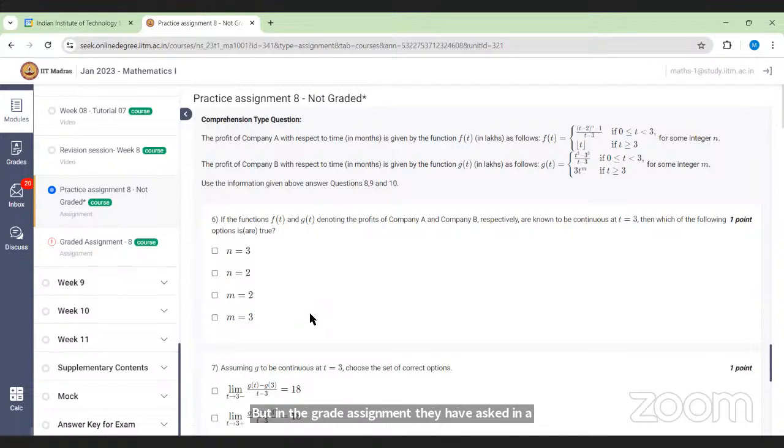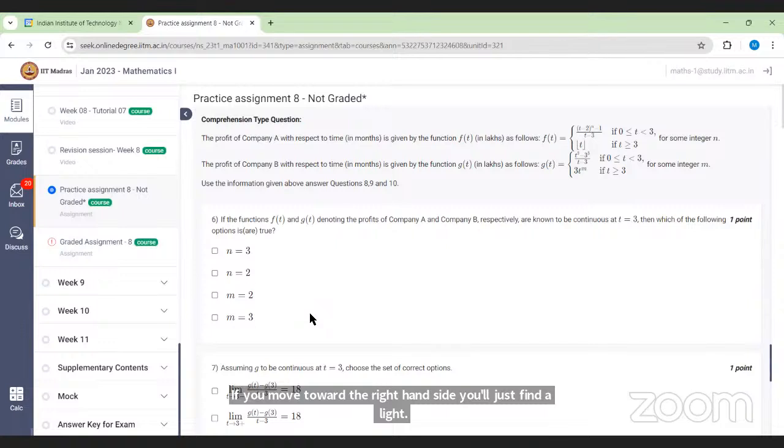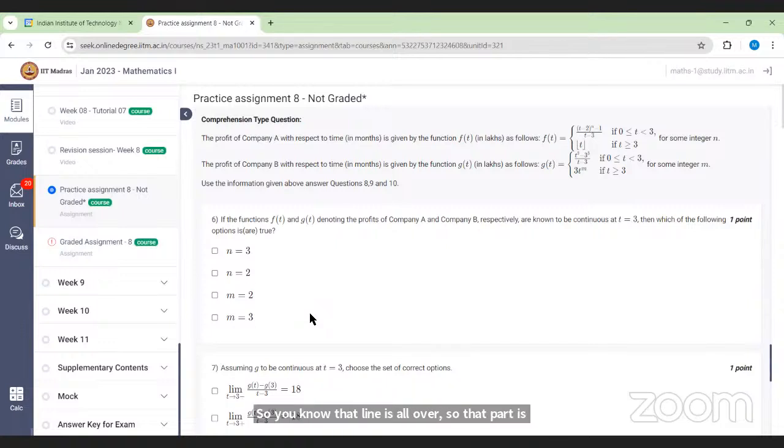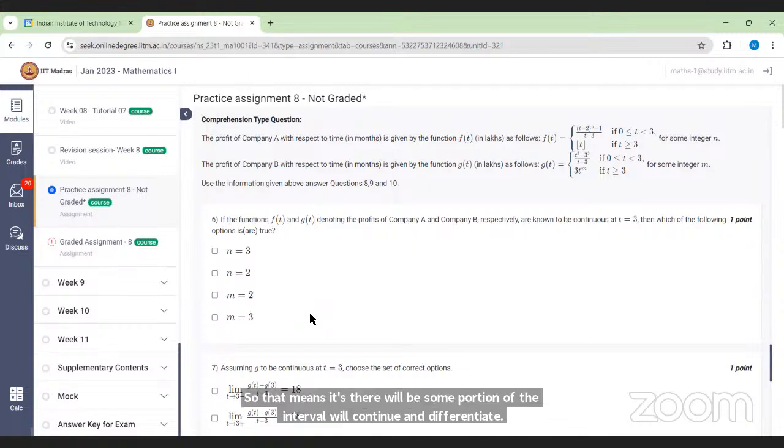In that interval, there will be certain points where continuity and differentiability will be obvious. For example, mod of x: if you move toward the right hand side, you will just find a line, and that line is continuous all over. So that part is gone. That means in some portion of the interval, continuity and differentiability are very obvious. You just have to look for some particular points.